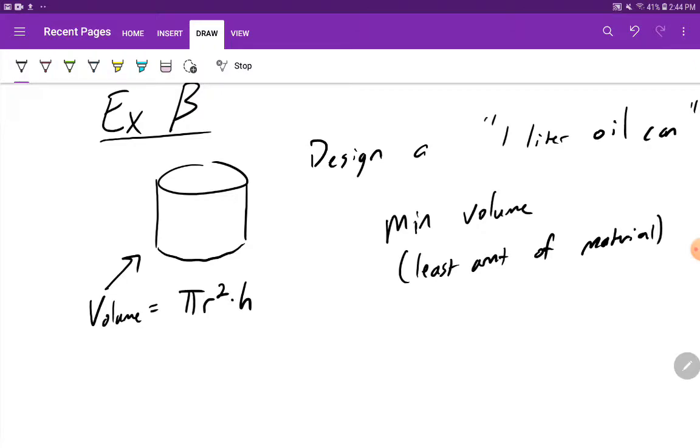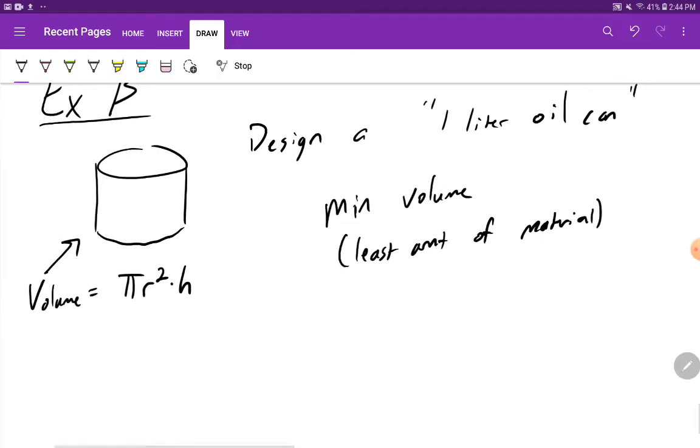So that's the volume. But if we're talking about least amount of material, right? Well, if you think about it, when we create a can, you can actually unfurl the aluminum, right? If I were to cut the can open, the side piece would unfurl into a rectangle, and then you'd have the top piece and the bottom piece, if you can kind of imagine that, right?